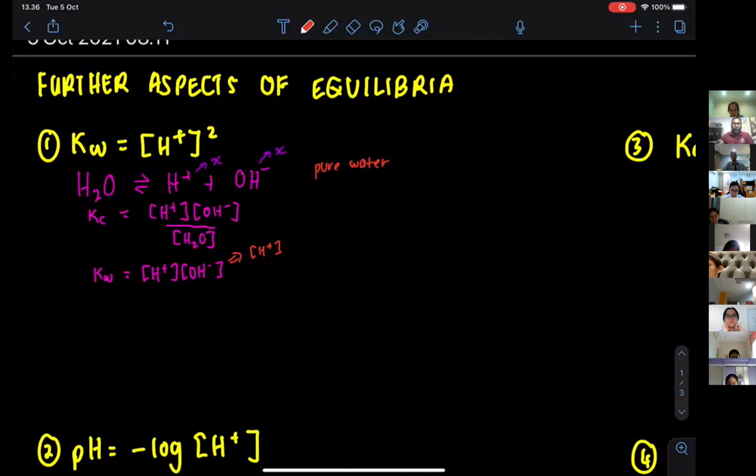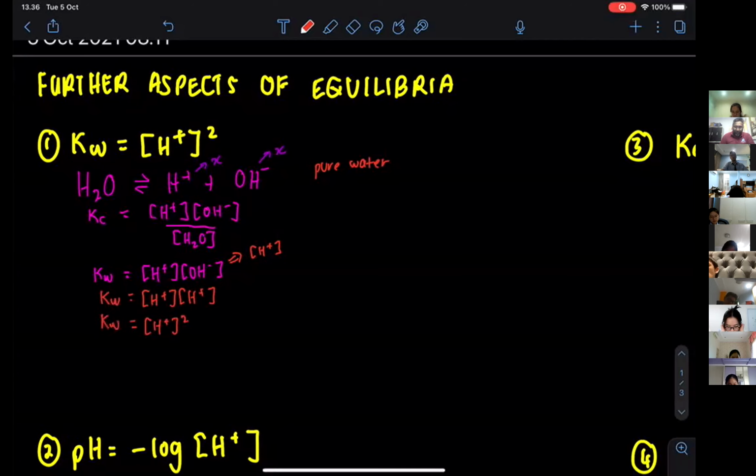So I need to represent OH minus in terms of H plus, and it is better to write it in this form. This is how we get concentration of H plus to the power of 2 equals Kw.